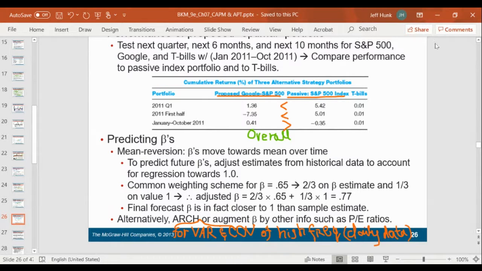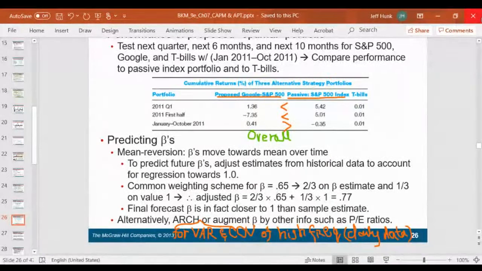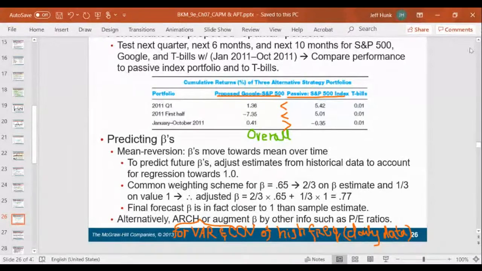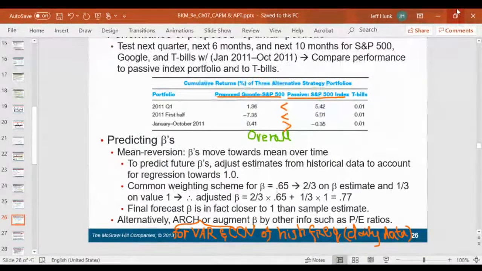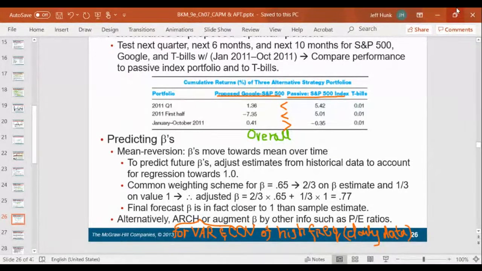So what would be the mean reversion? Ultimately, what would be the eventual mean reverted beta value? All betas will converge to the market beta.